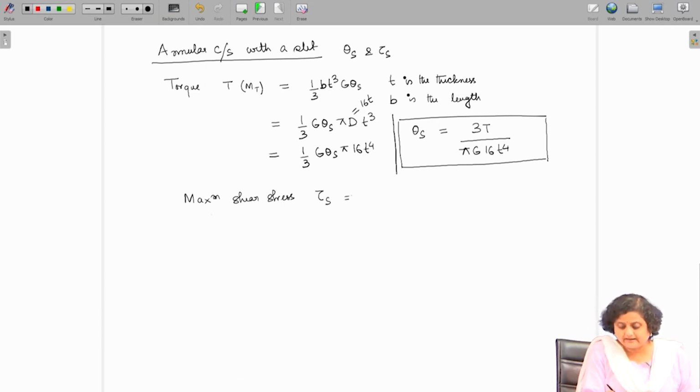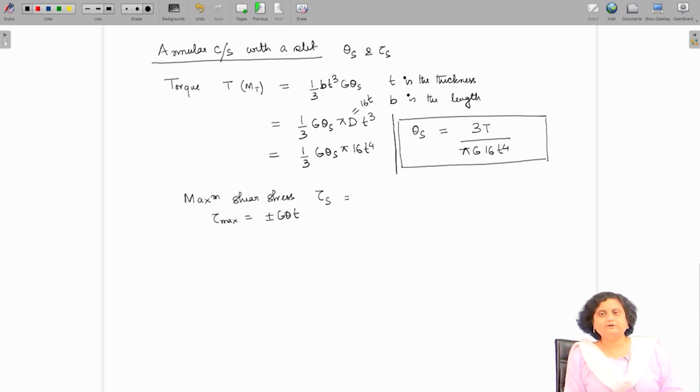We have seen that tau max for an open cross section is given as plus minus G theta into t. If we just consider the absolute value, this is going to be G theta into t. t is the same t that we have here.